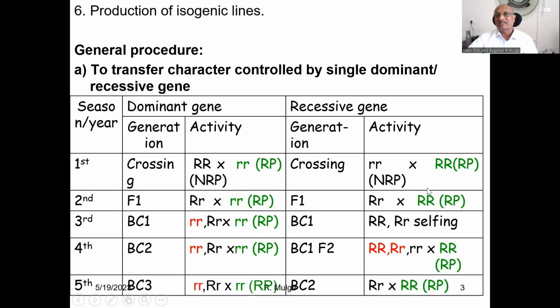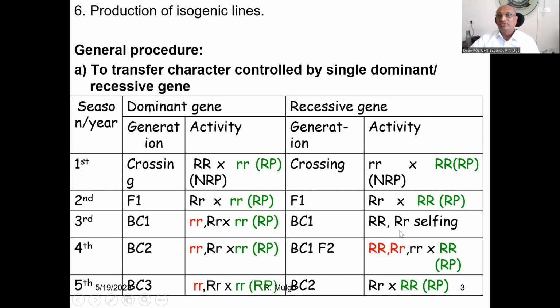It is crossed with your recipient parent, carrying the dominant genes. When you cross, you will get two types of progenies. One produces two types of gametes, capital and small; the other produces only capital. So you will get dominant into dominant homozygous, and recessive into dominant, heterozygous.